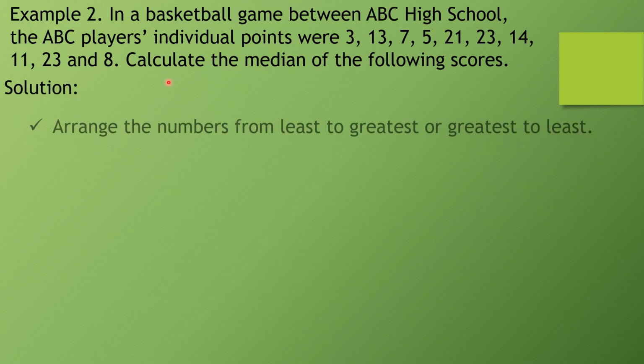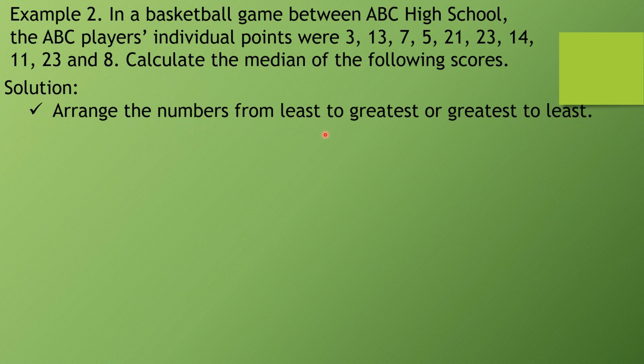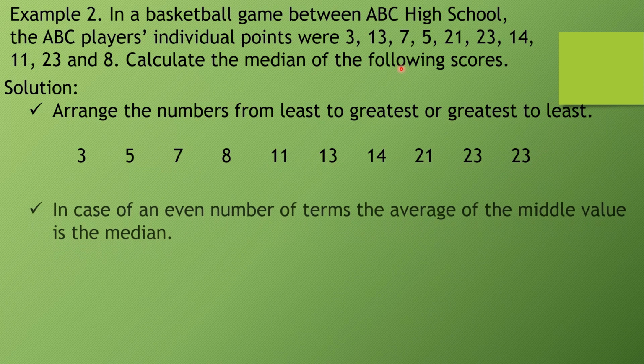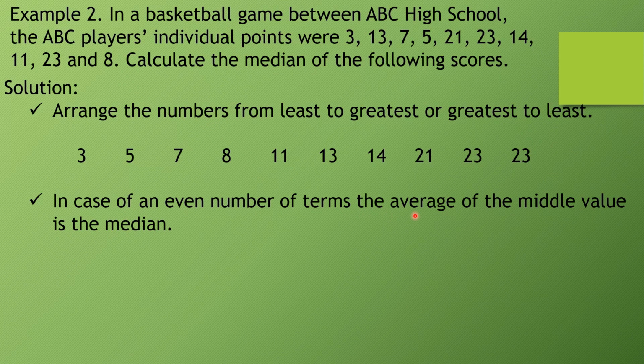So again, for our solution, we need to arrange the numbers from least to greatest or greatest to least, in increasing or decreasing order. Now, in this case, we arrange it in increasing order: 3, 5, 7, 8, 11, 13, 14, 21, 23, and 23. So in case of an even number of terms, the average of the middle values is the median.